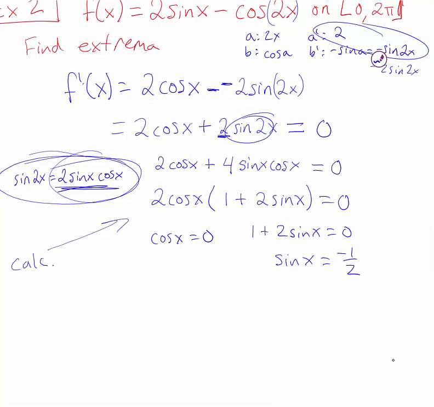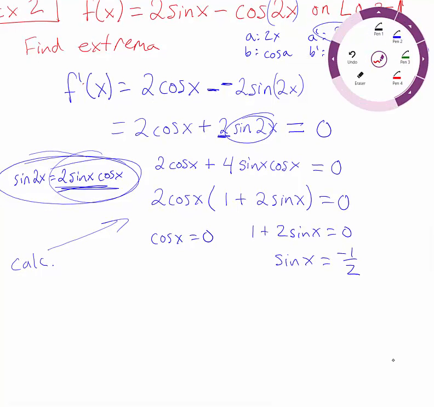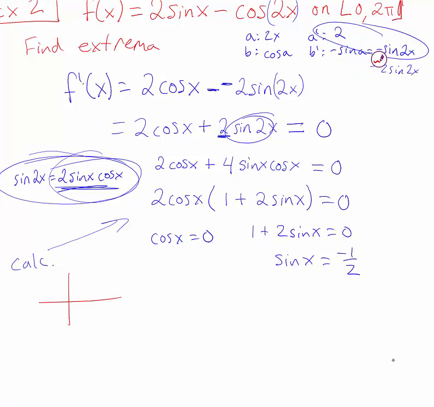And then when we solve that, if we make a unit circle, that's 1, 0, 0, 1, negative 1, 0, and 0, negative 1.